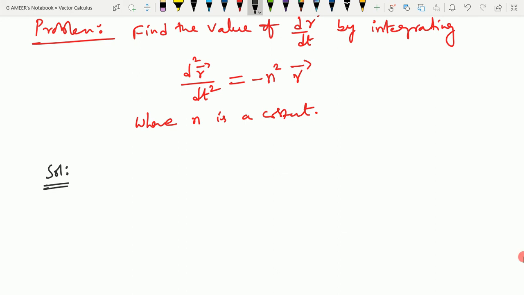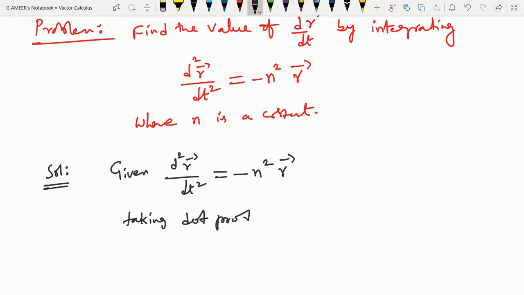Now, this relation given: d square r by dt square is equal to minus n square r. So what you do? Take the dot product with 2 dr by dt on both sides.